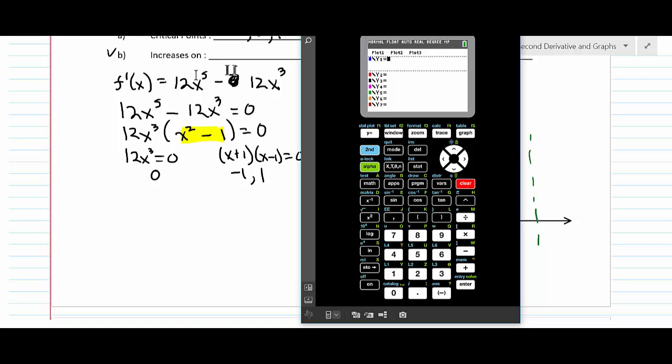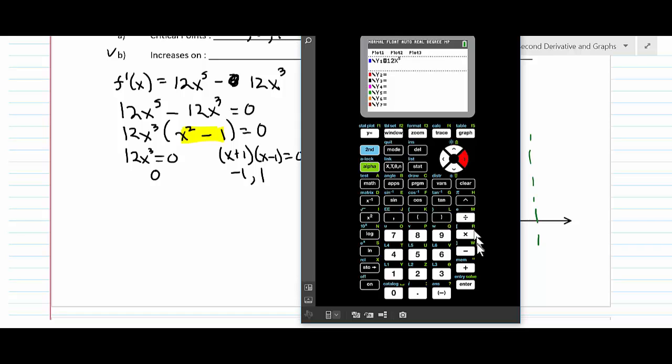So what I want you to do is put in your first derivative. Graph 12x to the fifth minus 12x to the third. Just do it in the standard window, and you probably will get a good enough picture to fill in your sign chart.